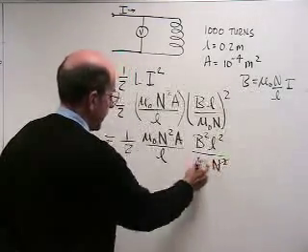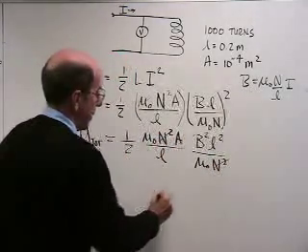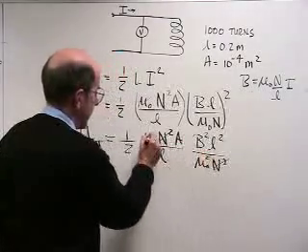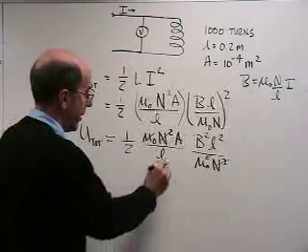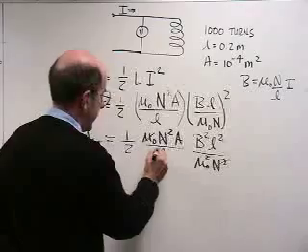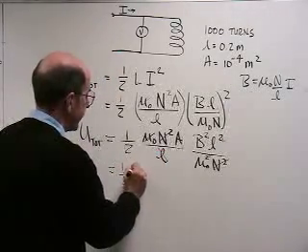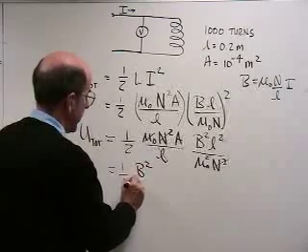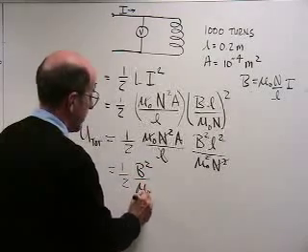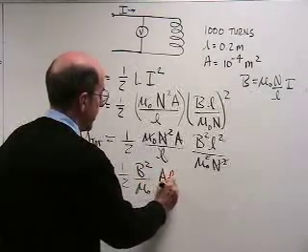So the n's are going to cancel out. That was a mu squared, that's going to cancel out that. Still have a B squared. And I should get 1/2 B squared over mu0 times A times L.